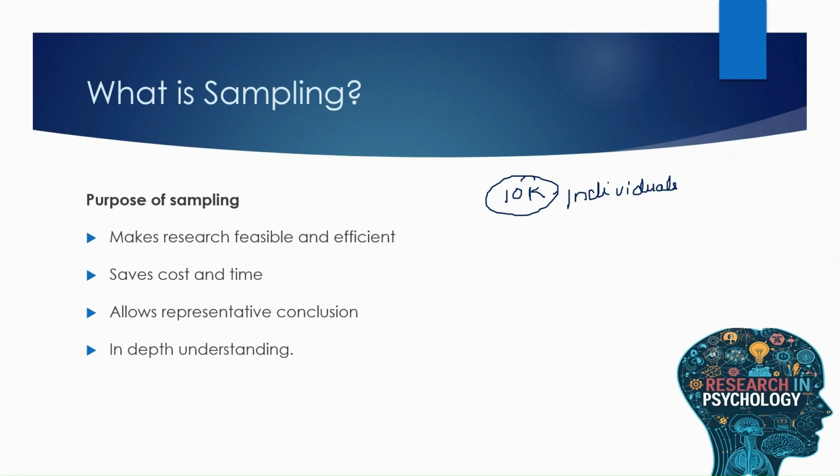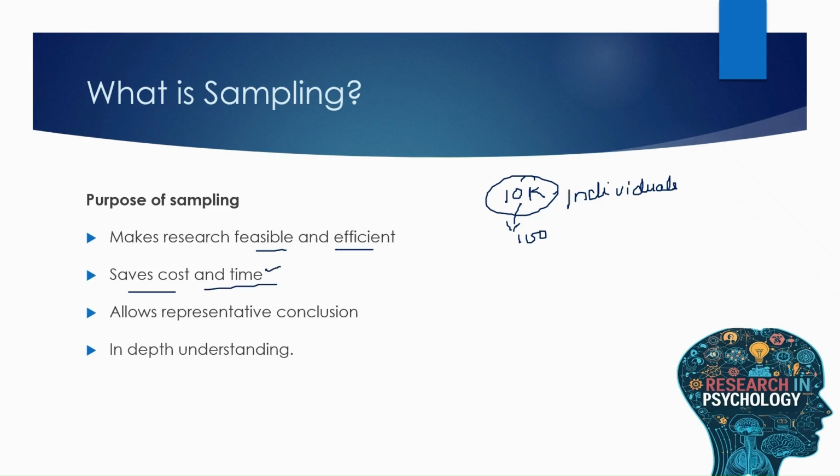Efficiency will also be less if you alone have to go through all these 10,000 people, making all the observations and performing the whole study. This can reduce the efficiency also. So when you are choosing a sample of 100 from these 10,000 folks, you are making the study feasible and efficient. It also saves cost and time, right?